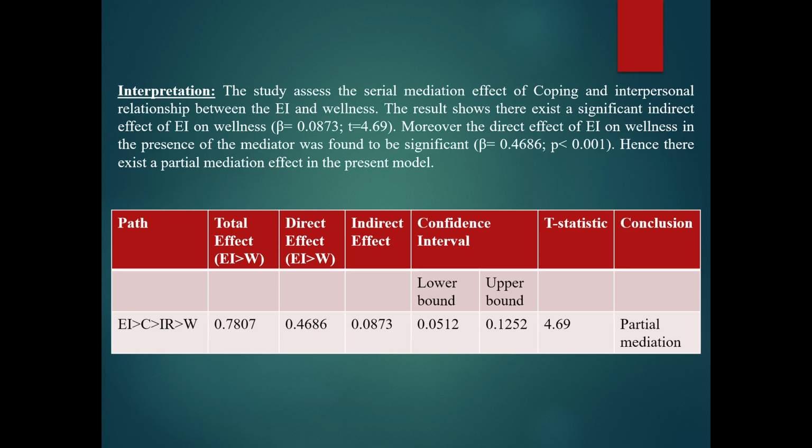Moreover, the direct effect of EI on wellness in the presence of the mediator was found to be significant, that is beta is equal to 0.4686 and P is less than 0.001. Hence, there exists a partial mediation effect in the present model.